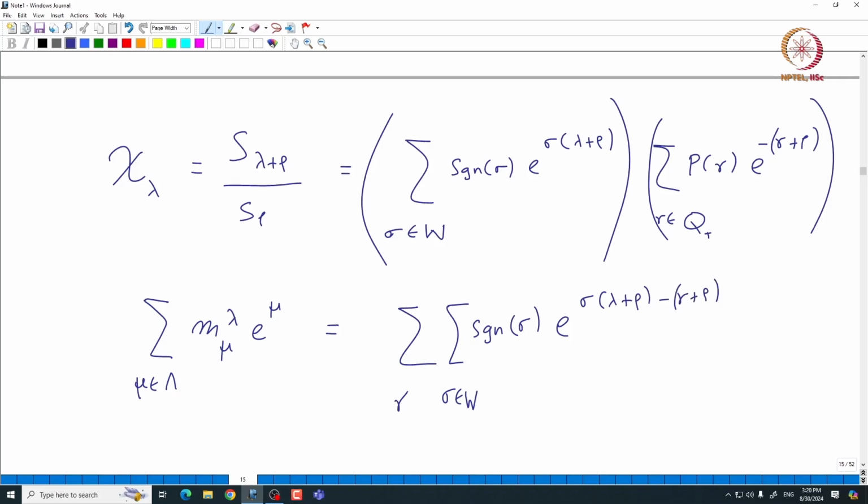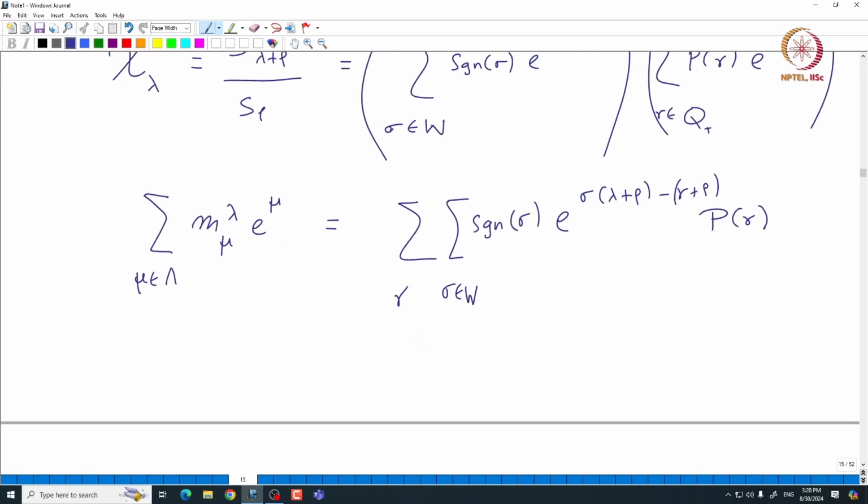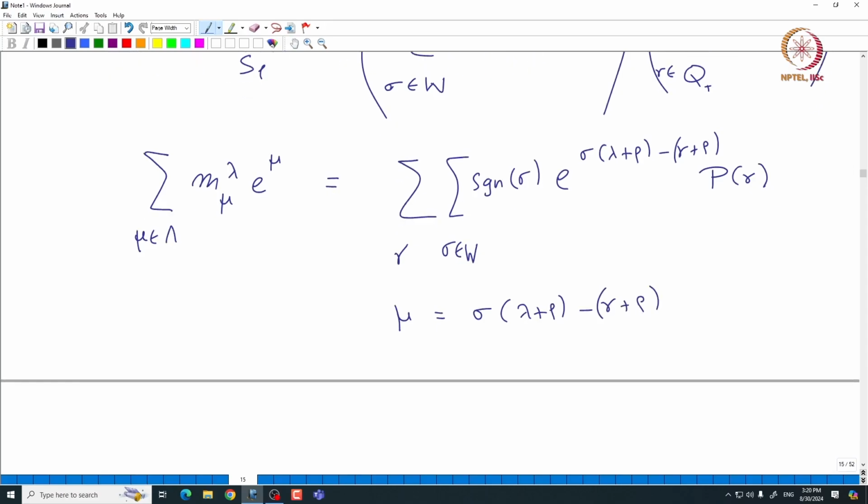The P of gamma should be here. Now if mu is equal to sigma of lambda plus rho minus gamma plus rho, then you can easily see from this expression that gamma is going to be sigma of lambda plus rho minus mu plus rho.